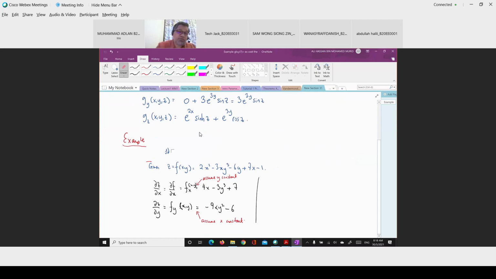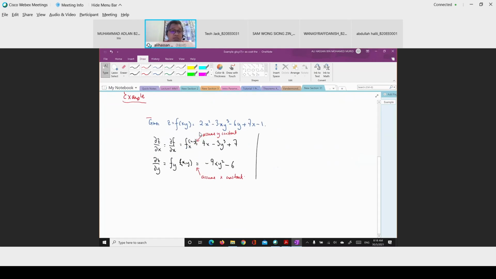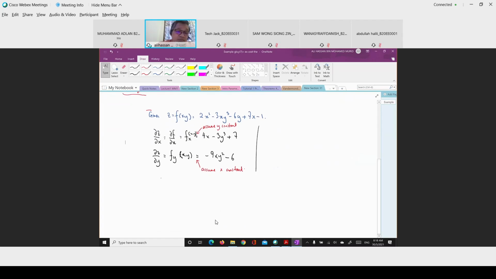This is what we have calculated before, the first partial derivatives. Suppose now I want to calculate f partial x partial x.